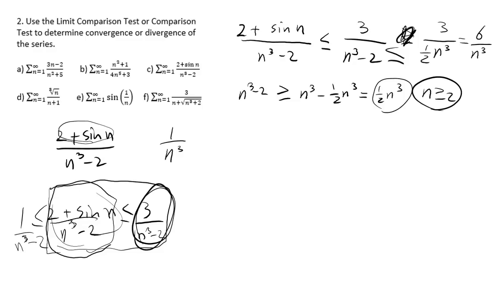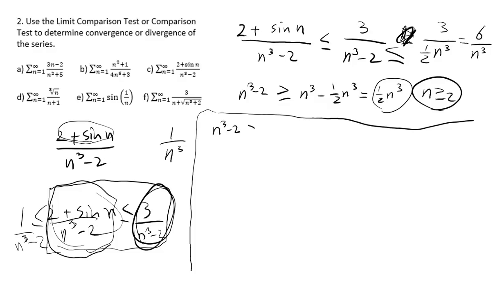You have to deal with inequalities. All right. Now I think this is all messy, so let's try to do this all over again. So first we start by saying that n cubed minus 2 is less than or equal to n cubed minus 1/2 n cubed, which is the same as 1/2 n cubed, if n is 2 or greater.